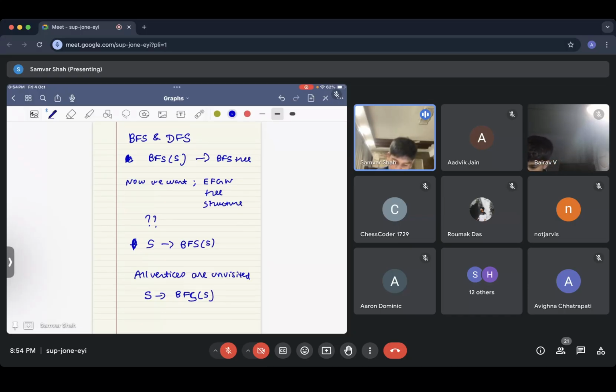In our example, it's everything except these four. When our iteration goes on, we will hit A, B, C, but we will have already visited these. Since they are already visited, we can just skip over them, because they are part of the BFS tree of S.